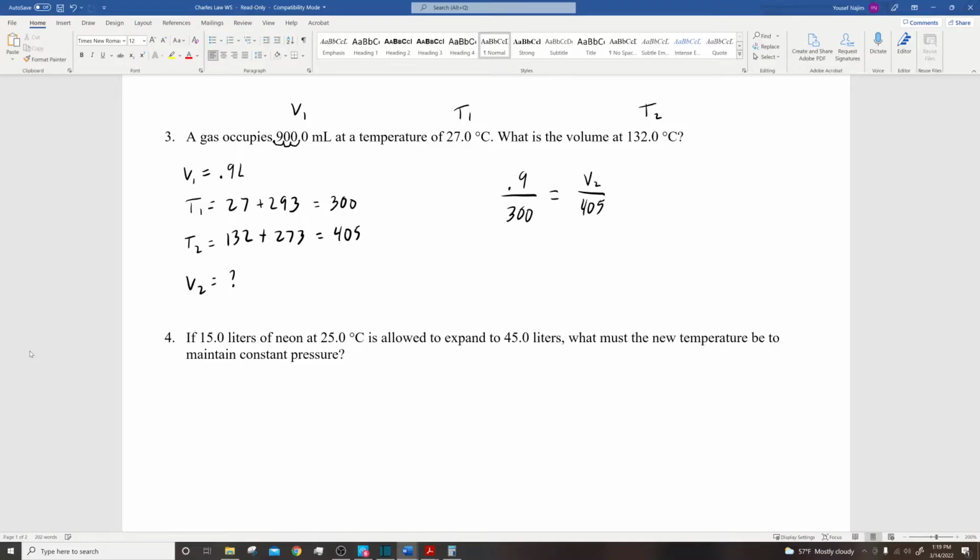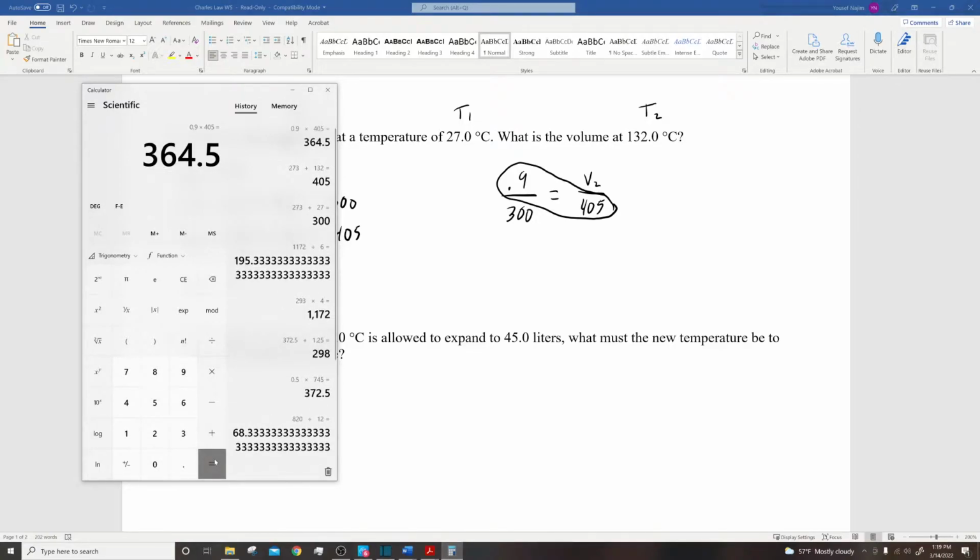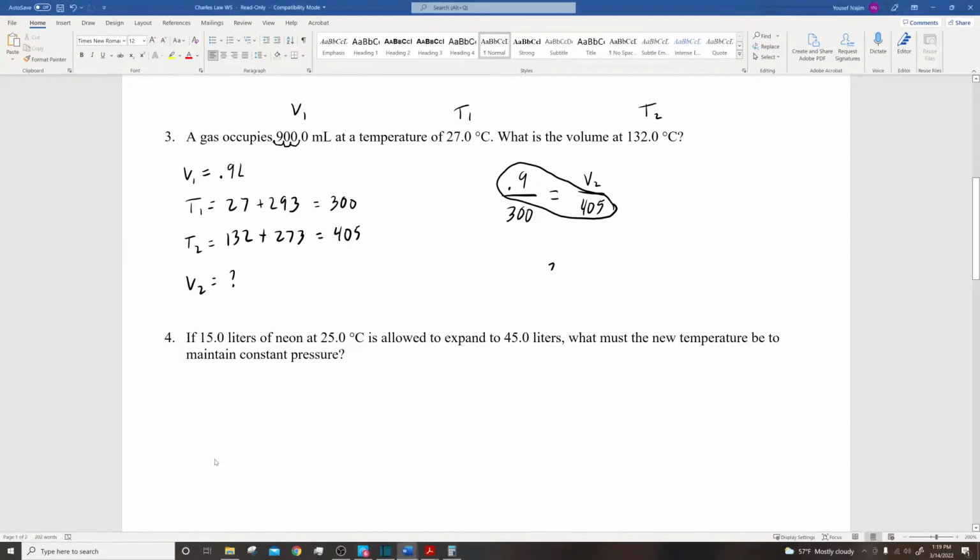And that's it. Our next step is going to be cross multiplication. So 0.9 times 405. And that gives us 364.5. And then that's going to equal 300 times V2, which is 300 V2.